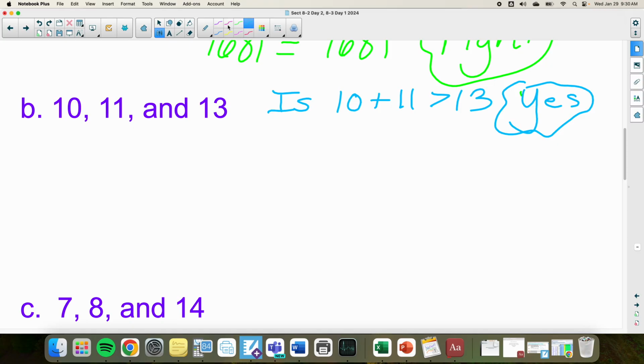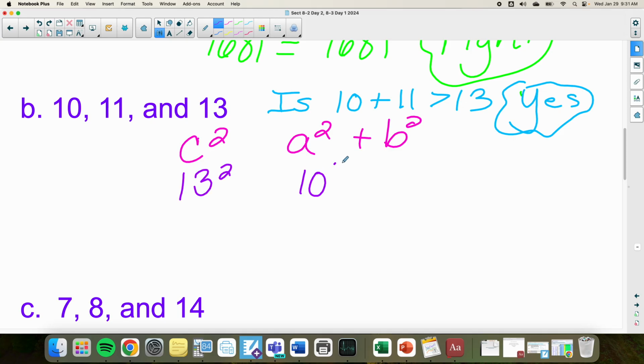Then if I try c squared and a squared plus b squared, c is my biggest, which is 13 squared, and then this would be 10 squared plus 11 squared, okay? Now, if I checked, 13 squared is actually 169.